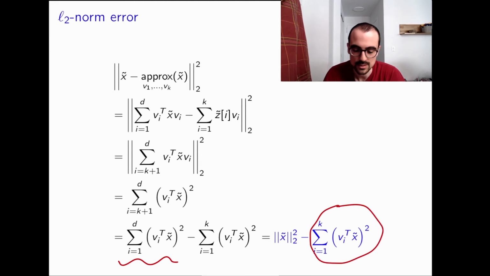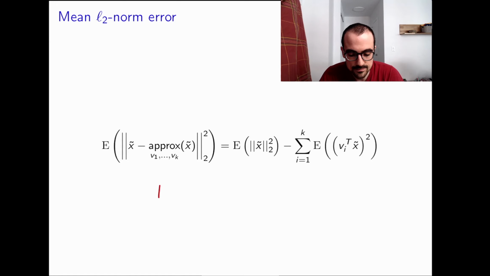It makes a lot of sense, right? We need to maximize how much energy, if you want, the inner products are capturing. I'm using energy for L2 norm because it just feels more intuitive. In particular, we're going to look at the mean energy, or the mean inner product. So we want to minimize the error. That is going to be equal to maximizing this sum of expected values of the squared inner products.